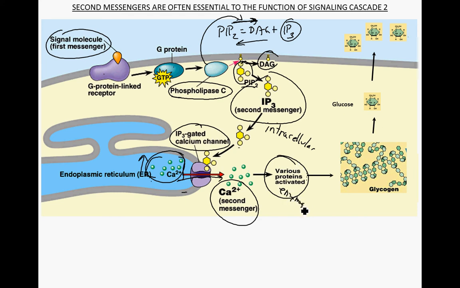If you are a student of anatomy and physiology, then you know that calcium ion will be involved with activating actin and triggering its reaction with myosin to get the muscle to contract. Other examples are that calcium is going to trigger, say, the breakdown of glycogen here. So this is now a response. This would be a response, muscle contracting down here. This would be a response here, glycogen being broken down into individual glucose molecules.